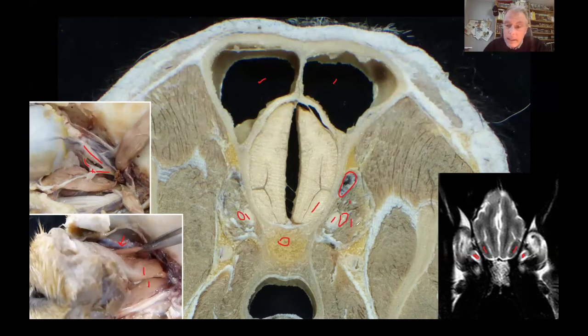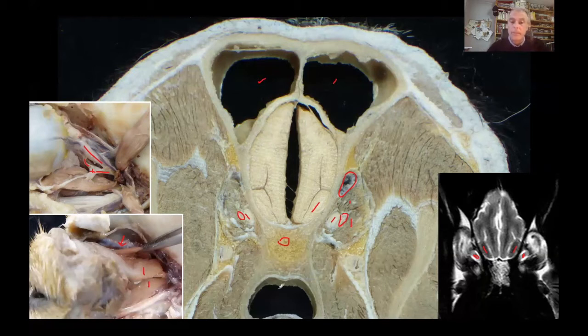So this structure that I have marked here corresponds to the ciliary ganglion. On an MRI, we cannot see the ciliary ganglion, but we have to know that it is located lateral to the optic nerve, and in close contact with the optic nerve.